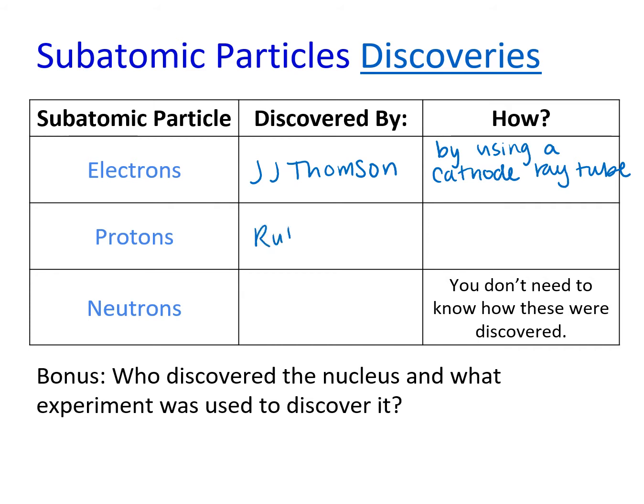Ernest Rutherford discovered the proton, and he discovered the proton in the same way that J.J. Thomson discovered the electron. So he also used the cathode ray tube. But he reversed the beam of particles.